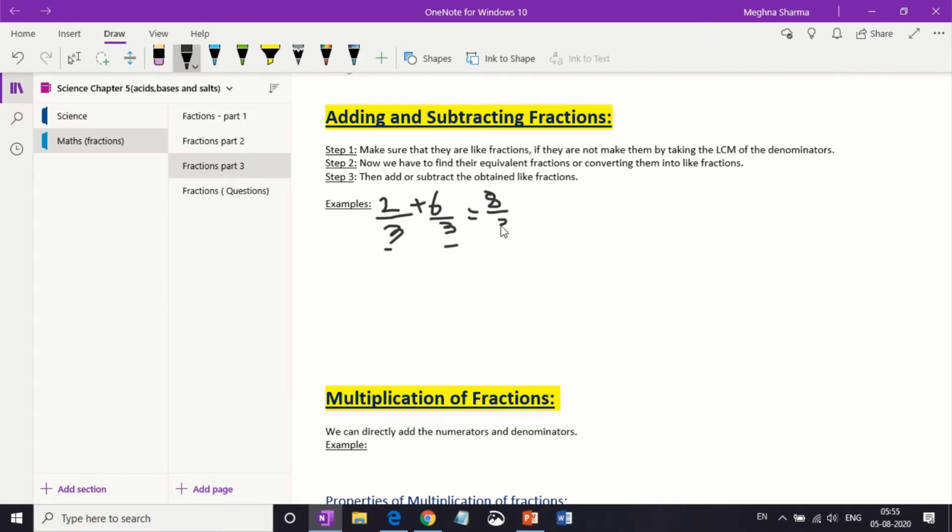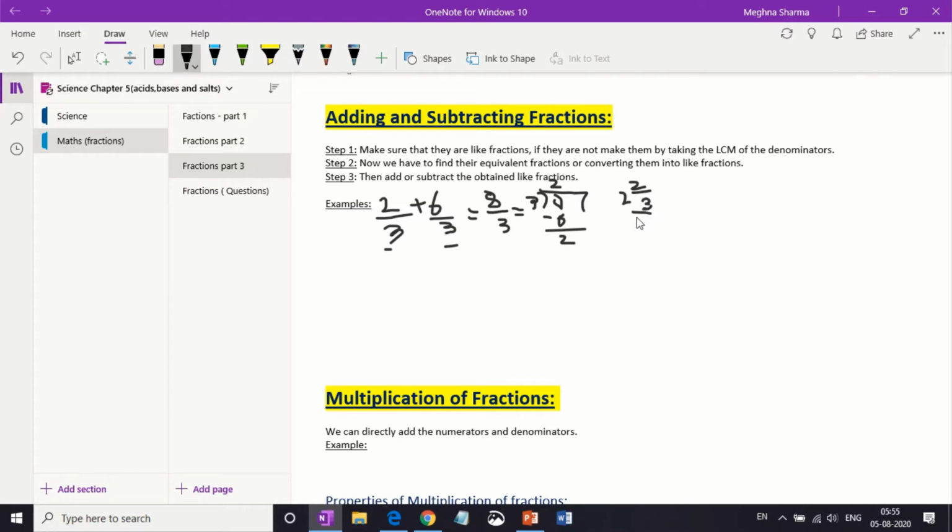Now you can convert this into a mixed fraction as it is an improper fraction. For that you should do division as I taught you already. 8 divided by 3: 2 threes are 6, and we take 2 as the remainder. So 2 2 by 3, this is your final answer.